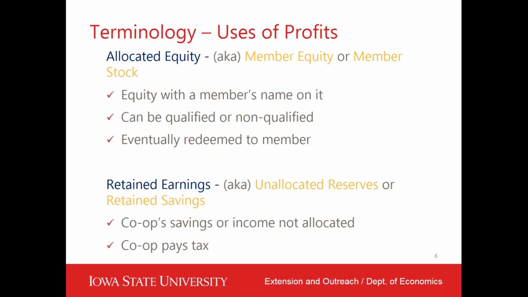The retained earnings part is also called unallocated reserves or retained savings. There are several names for this as well. This is the portion of the profit stream that's not specifically allocated to the membership. Now, I want to be clear, it is still members' equity. All of the equity in the co-op belongs to the members, and the way they get at all of it, if they want to, is to liquidate it.